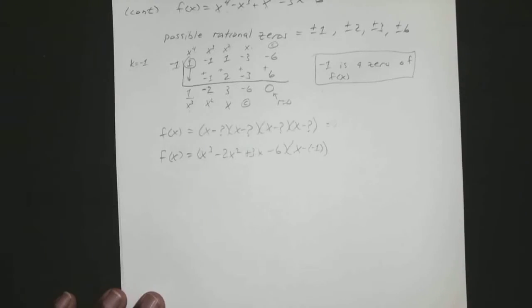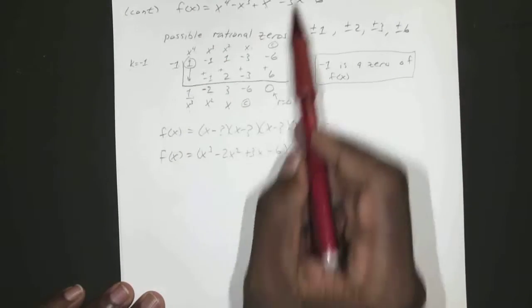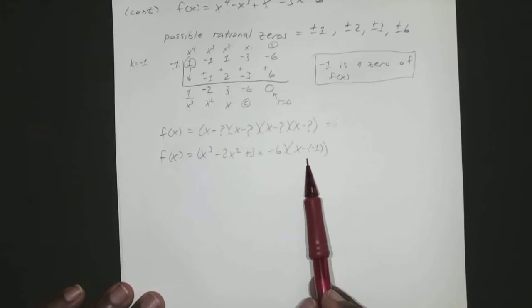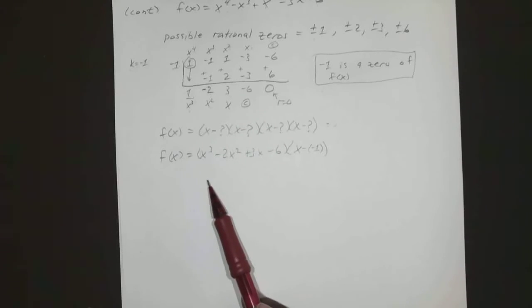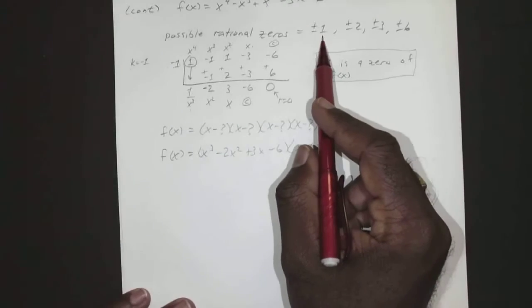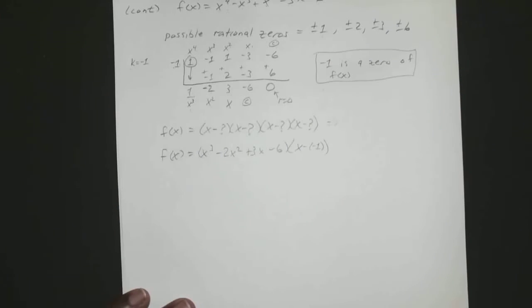So all we did was take the original one and bring out one factor, which was the -1. But we still have to factor this, so we can use synthetic division again. But now we don't have to use -1 since we already used it.